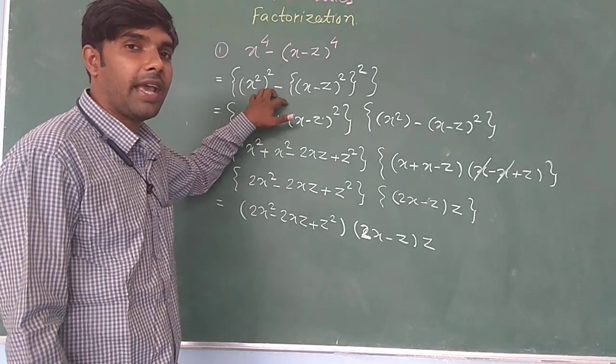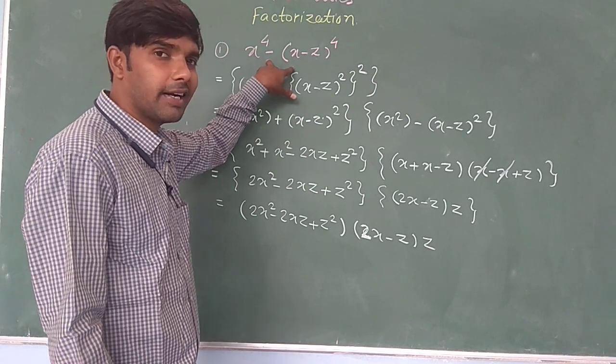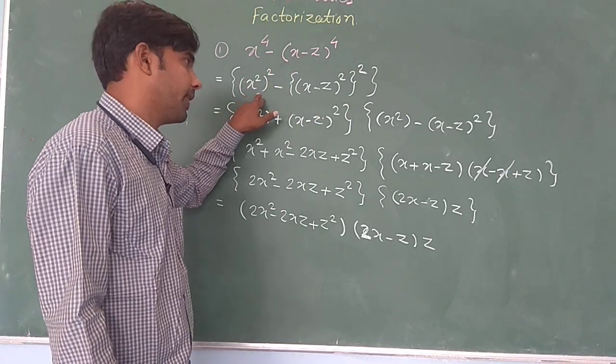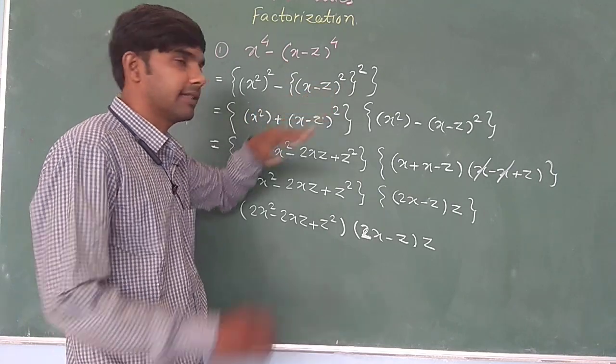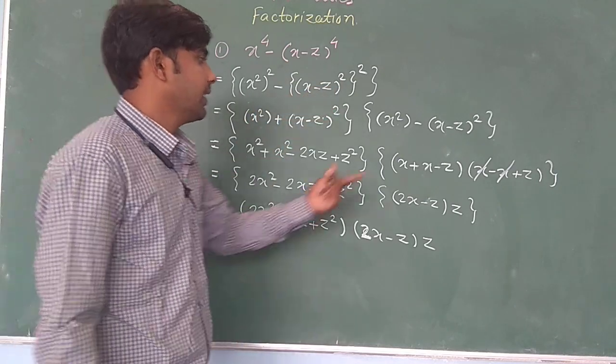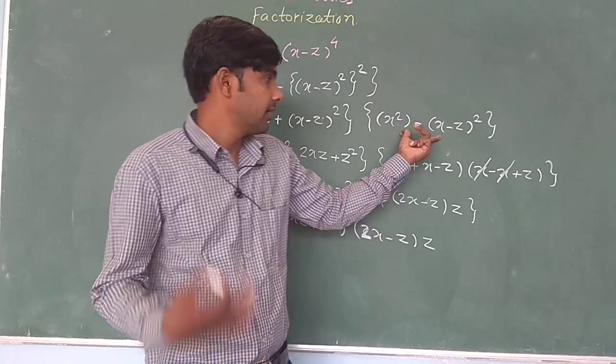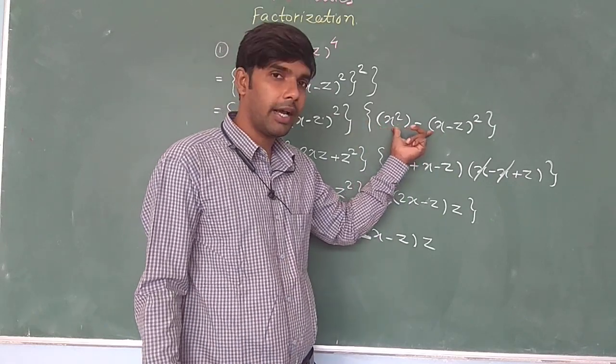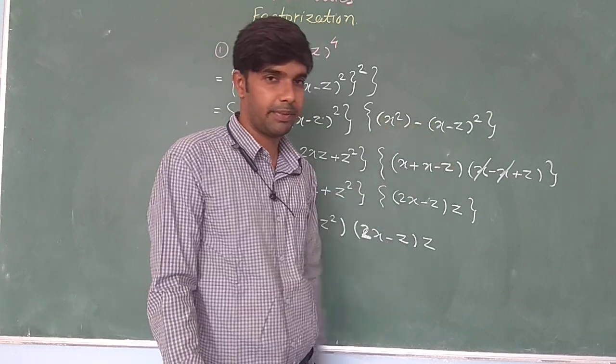first step we have used here the third identity, a square minus b square. So x square, square of x square minus square of x minus z bracket square. And in the second part of this second step, we use again the third identity, a square minus b square.